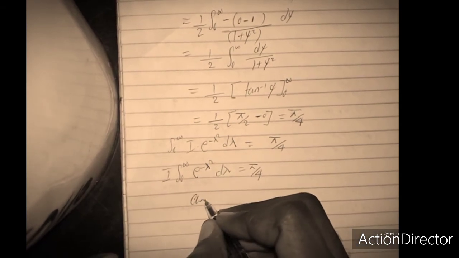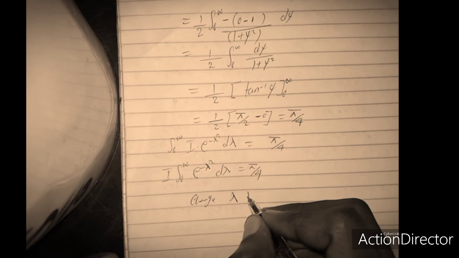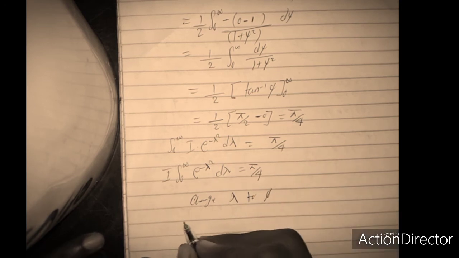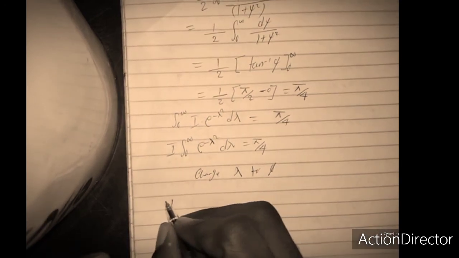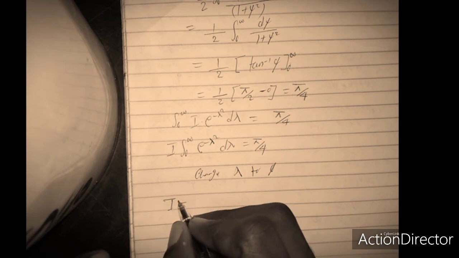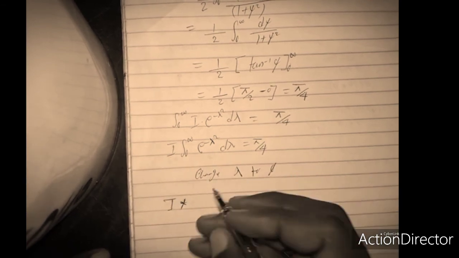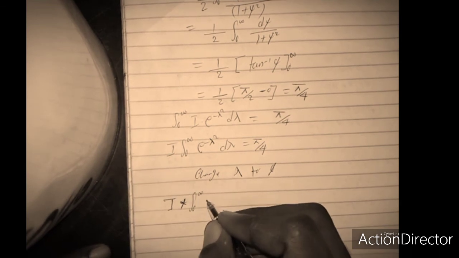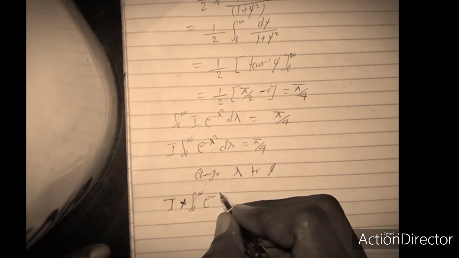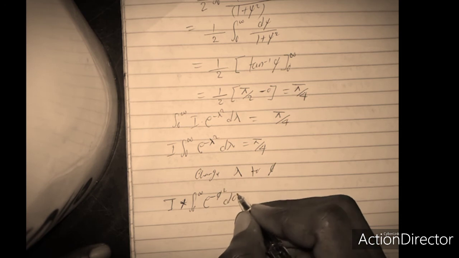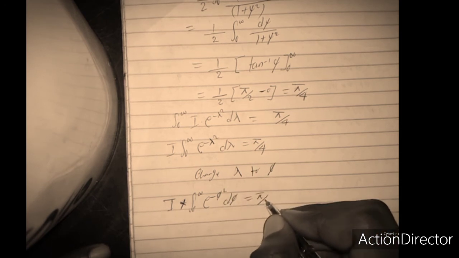Change lambda to phi. You'll see that I'll have I, let's put multiplication here so that it will be very clear, I times integral 0 to infinity e minus phi squared d phi, which equals pi by 4.